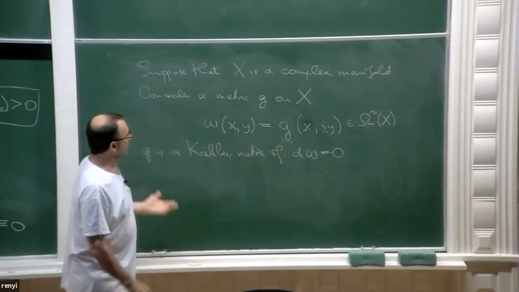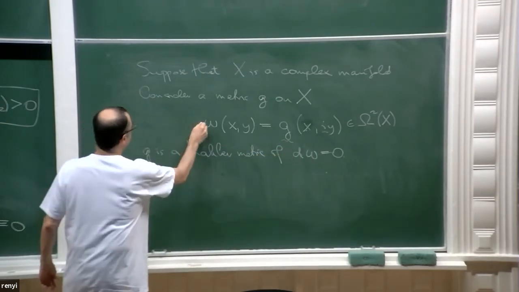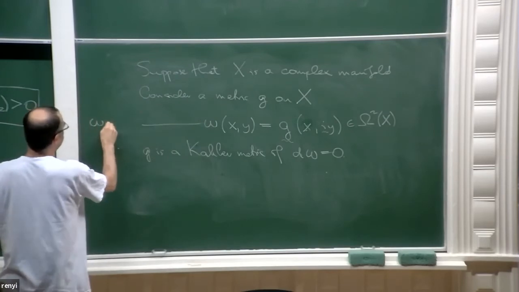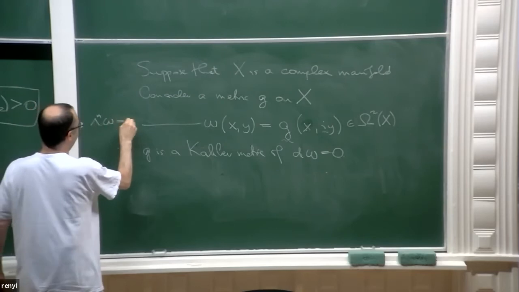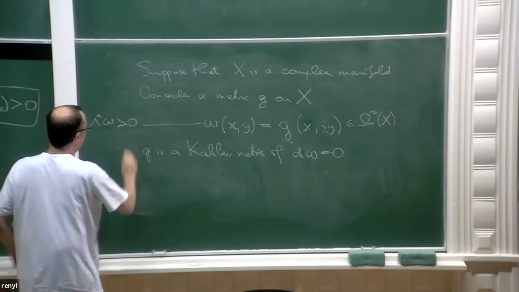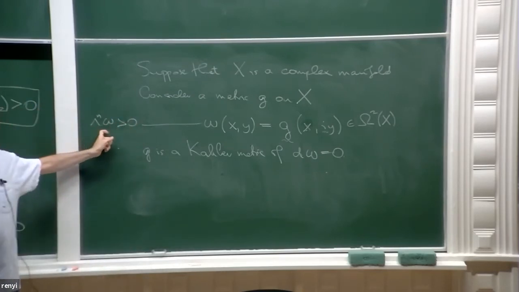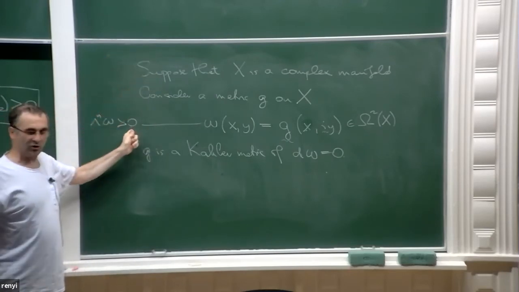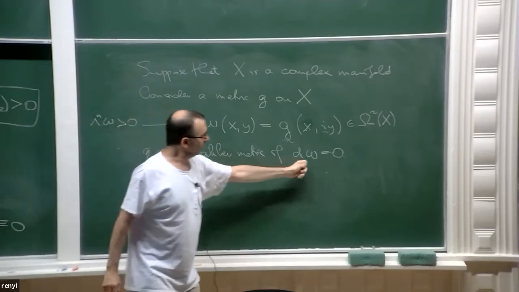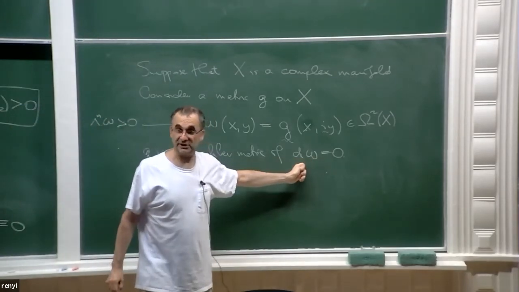And notice that it's not very hard to show that this omega will always satisfy that the n-fold wedge product is positive. So the non-degeneracy assumption of a symplectic form is always satisfied, but this one, once again, a differential equation, is not.